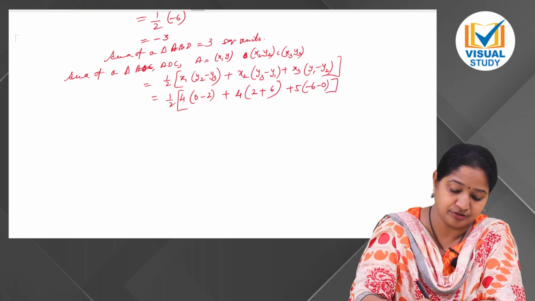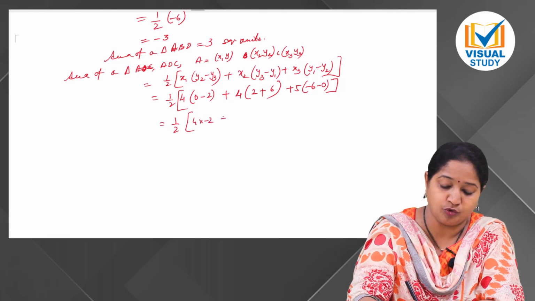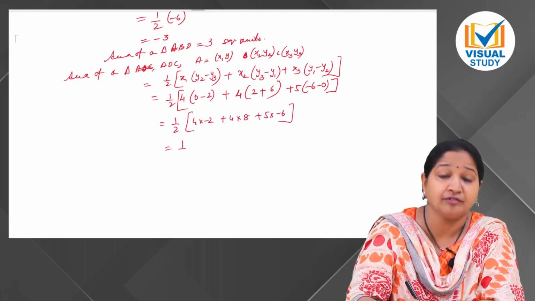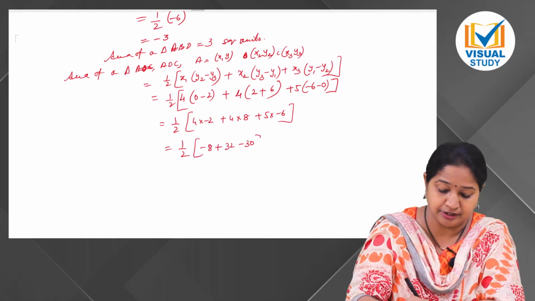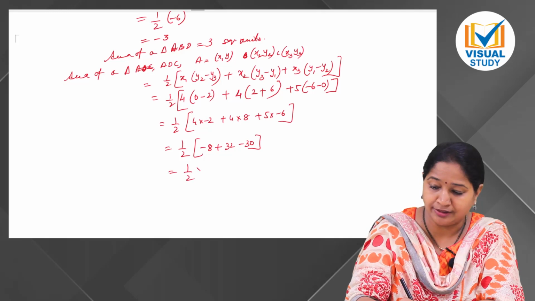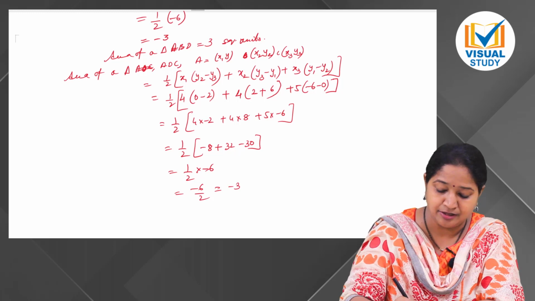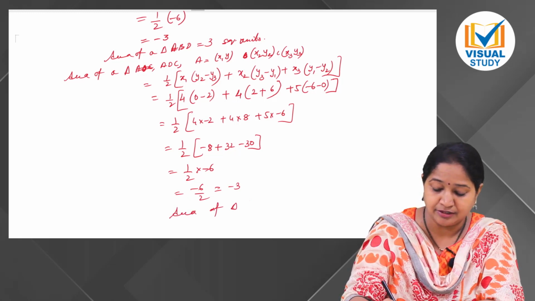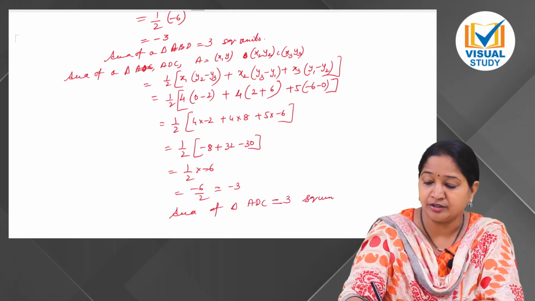You get half, 4 into -2 plus 4 into 8 plus 5 into -6. What you get is half of -8 plus 32 minus 30, that is -6 upon 2, which is -3. But area cannot be negative. So again the area of triangle ADC is 3 square units.